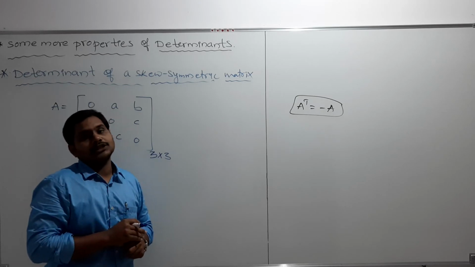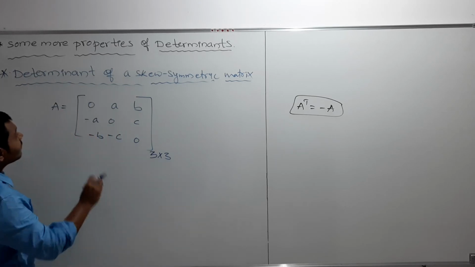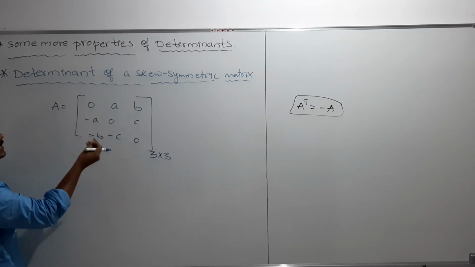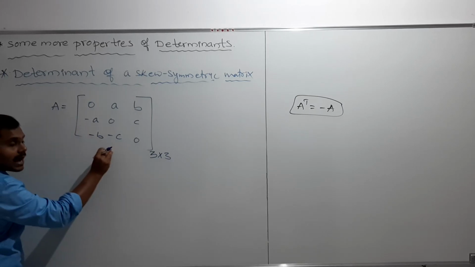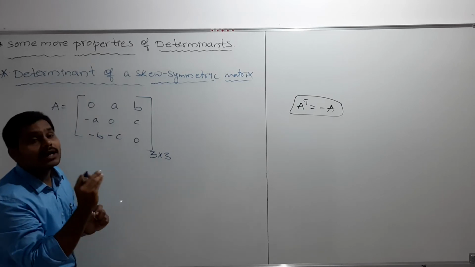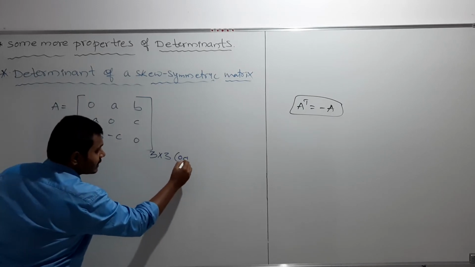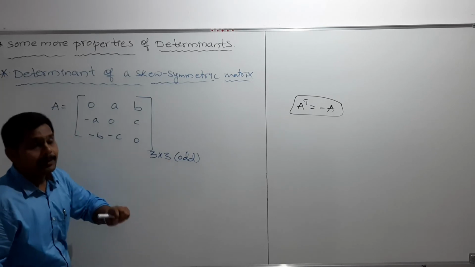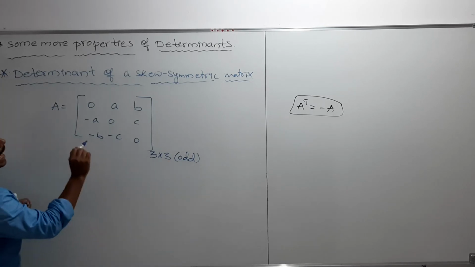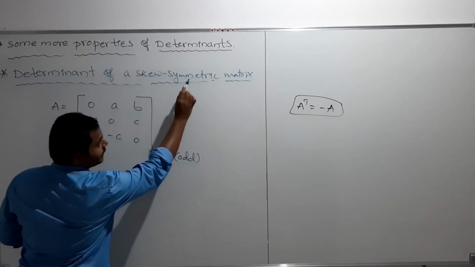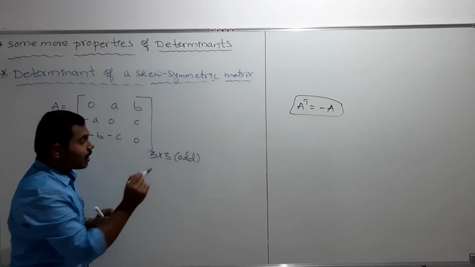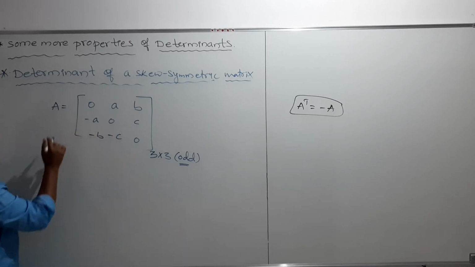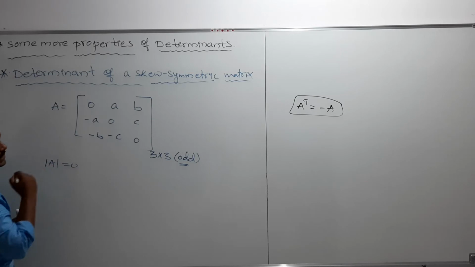Please remember my dear students, whenever you have the skew symmetric matrix of odd order, 3 cross 3 means, can I call it odd order? So whenever you have the skew symmetric matrix of odd order, in that case the determinant of this is equals to 0.